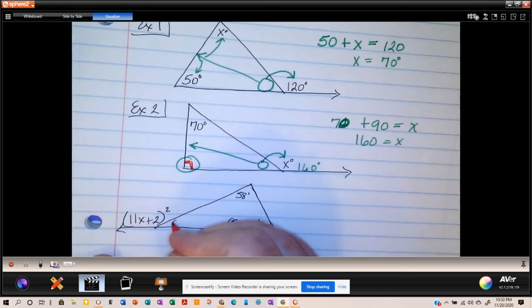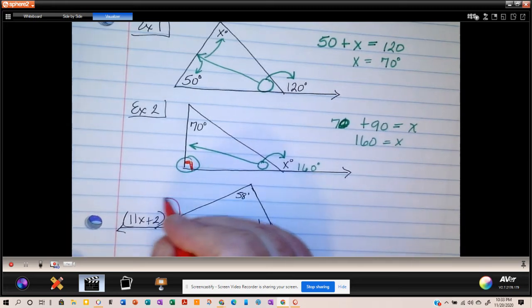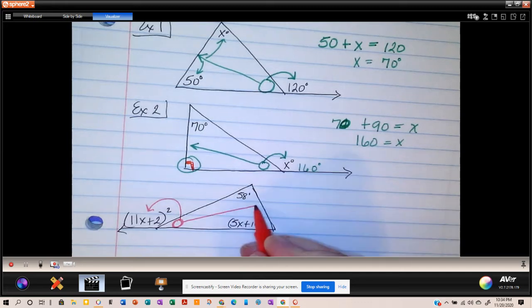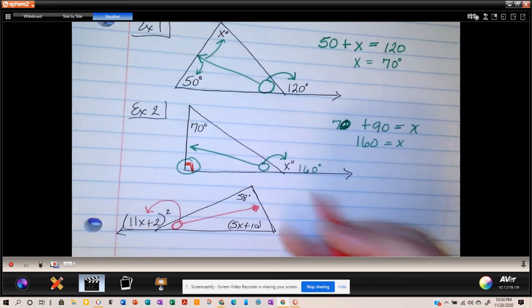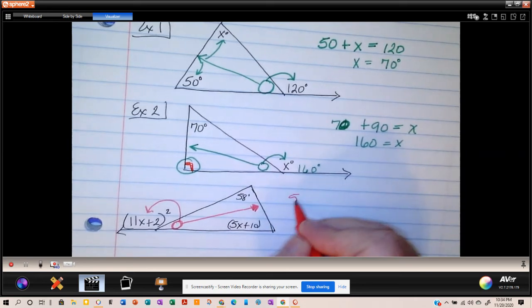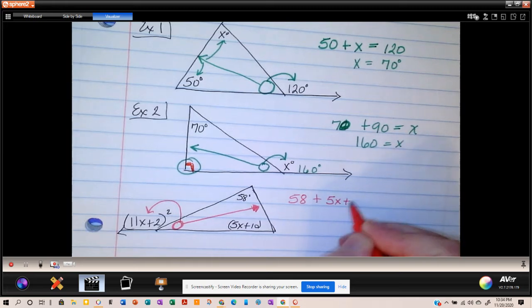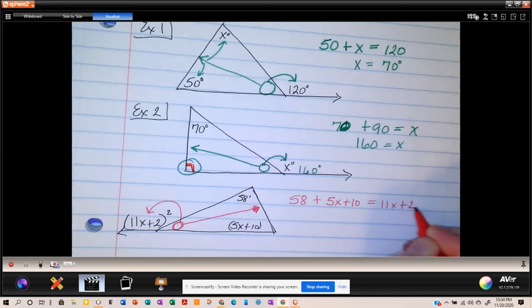This one right here. It goes to this supplement right there. But who does it go to for help? It goes across the way to these guys over here. Okay? So I'm going to say 58 plus 5x plus 10 is equal to 11x plus 2.